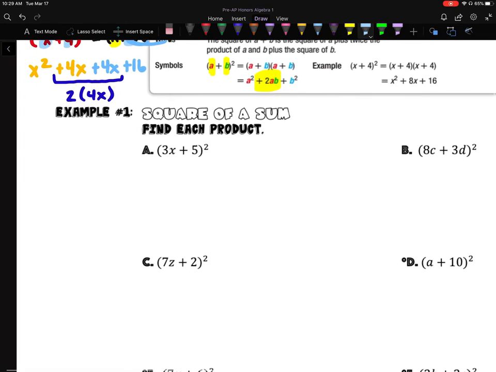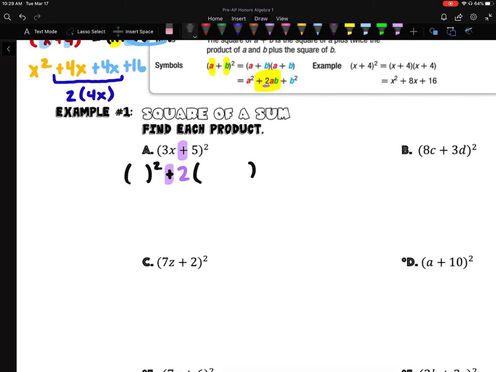So the shortcut, in example 1a, how I like to set these problems up is I take my parentheses, I square it, I add it with, and I'm using addition because of the plus sign here, 2, which is part of the shortcut, and then parentheses.